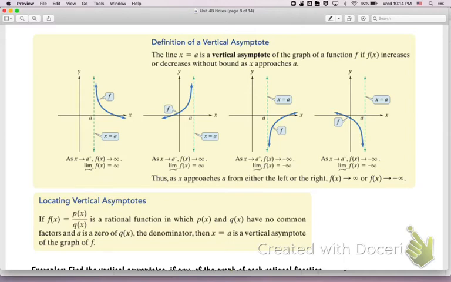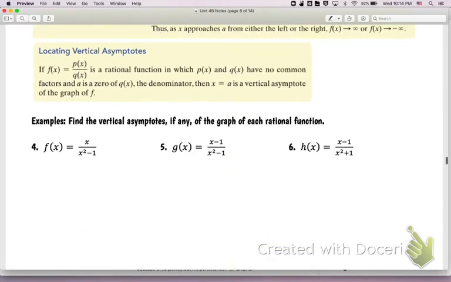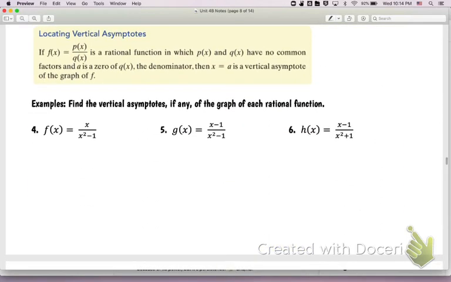So how do we find a vertical asymptote if we have the equation? This is the important part, okay? If f of x is some rational function of the form p of x over q of x, where P and Q have no common factors. What does that mean if they have no common factors?